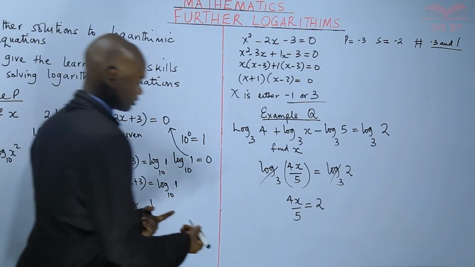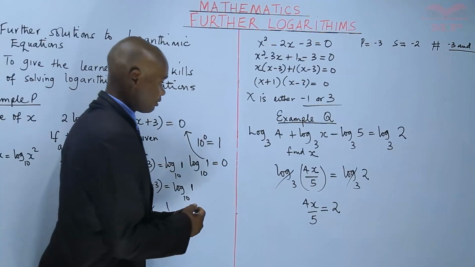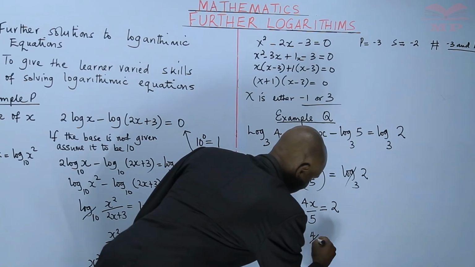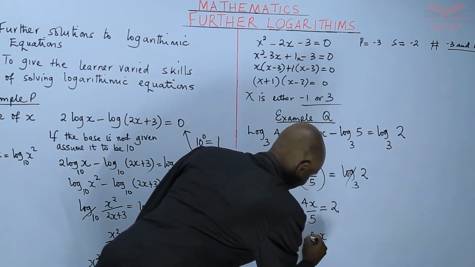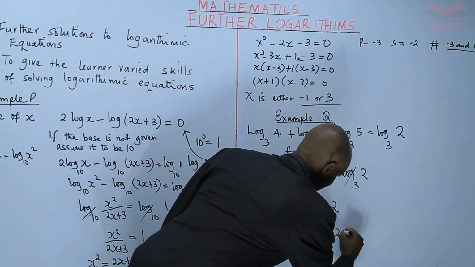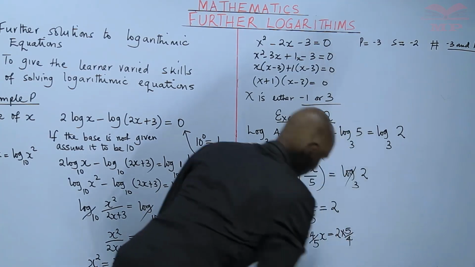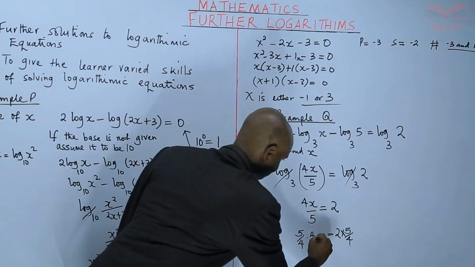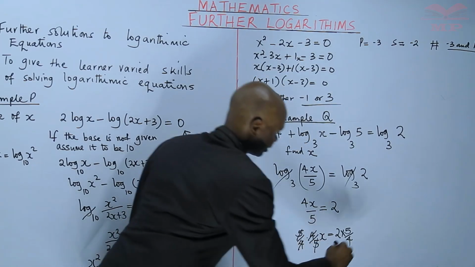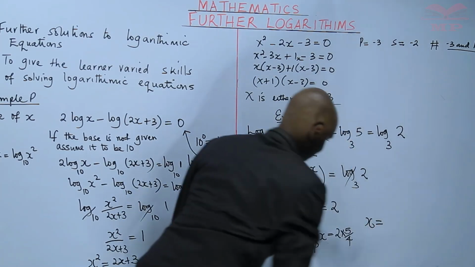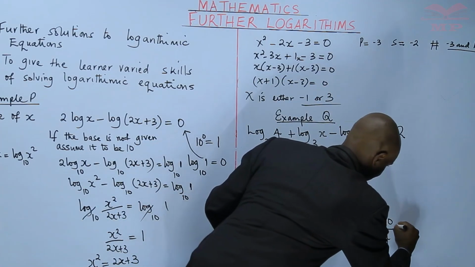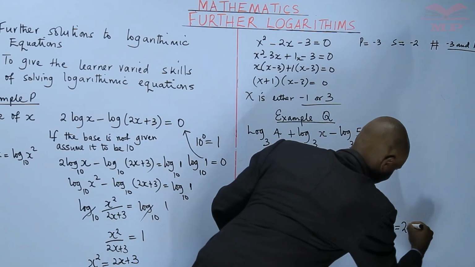I'll multiply both sides by the reciprocal of 4 over 5. So I'll have 4 over 5 x times 5 over 4 is equal to 2 times 5 over 4. So 5 cancels with 5, 4 cancels with 4. I remain with x is equal to 10 over 4, which will give us 2.5.